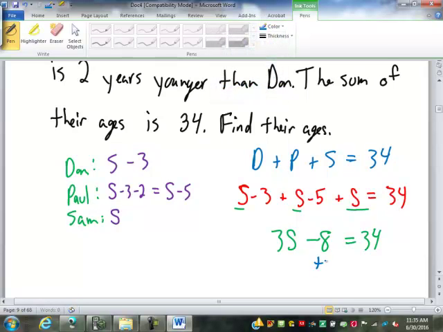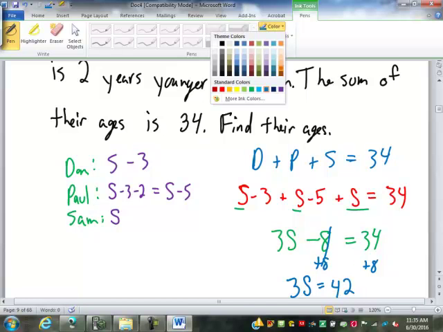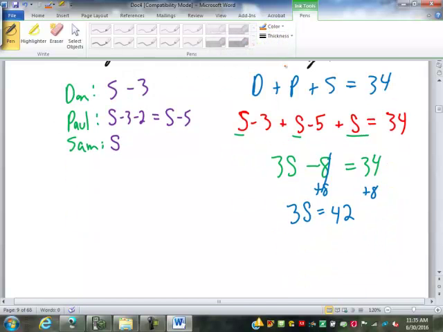Okay, then what? Add 8. So 3S equals 42, and then divide by 3. So S equals 14. So which one of them is 14 years old?